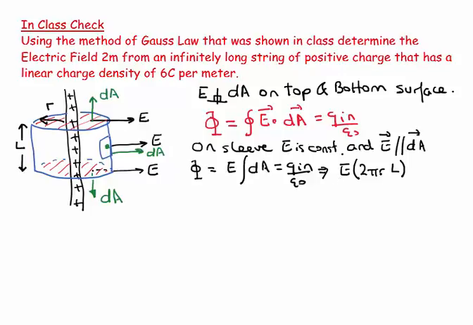Imagine cutting this sleeve and laying it out flat so it forms a rectangle. And this equals Q enclosed over epsilon naught. So now I can say E is equal to Q enclosed over 2 pi r L times epsilon naught.